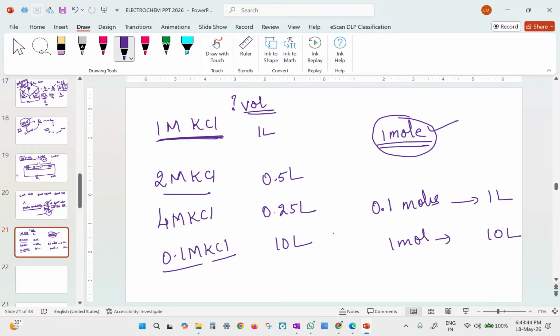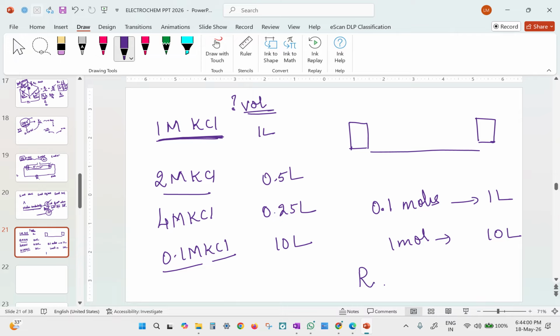So, I don't want to put the burden on the ions. What will I do? I'll place the electrodes at the same distance, 1 unit, because the moment you increase the length, what will happen to the resistance, children? It increases. So I don't want to increase the distance traveled by the ions.